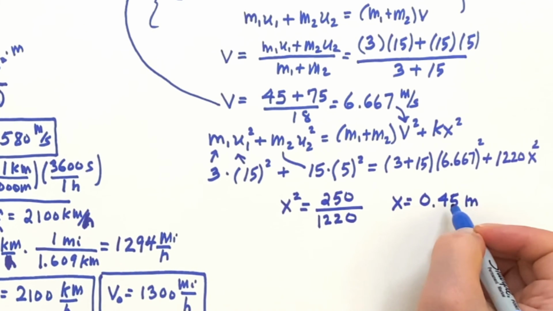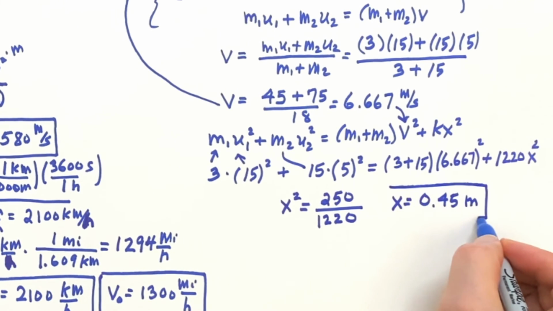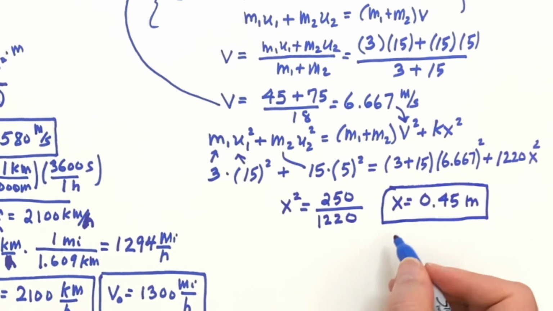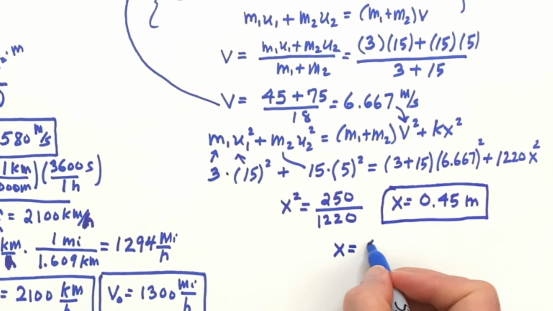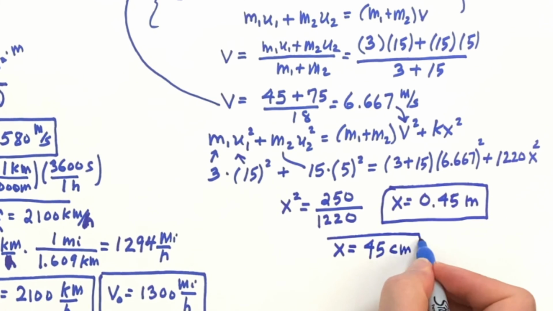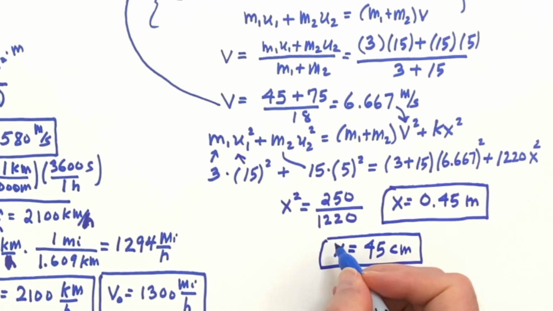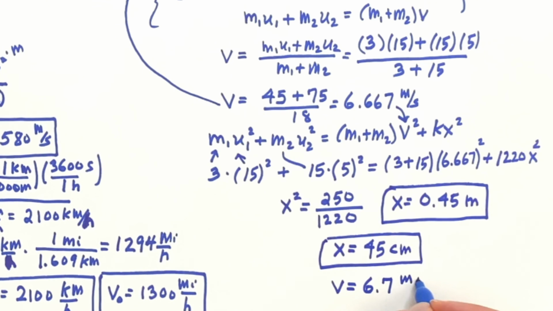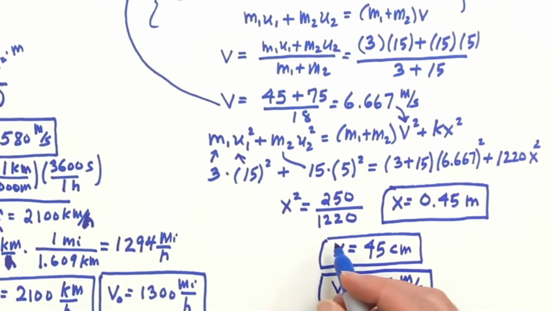And now we go to two significant figures, and we could write that as 45 centimeters if you like. That's x. And v, to two significant figures, is 6.7 meters per second. So it's a nice problem that reviews a lot of important concepts. That takes care of it.